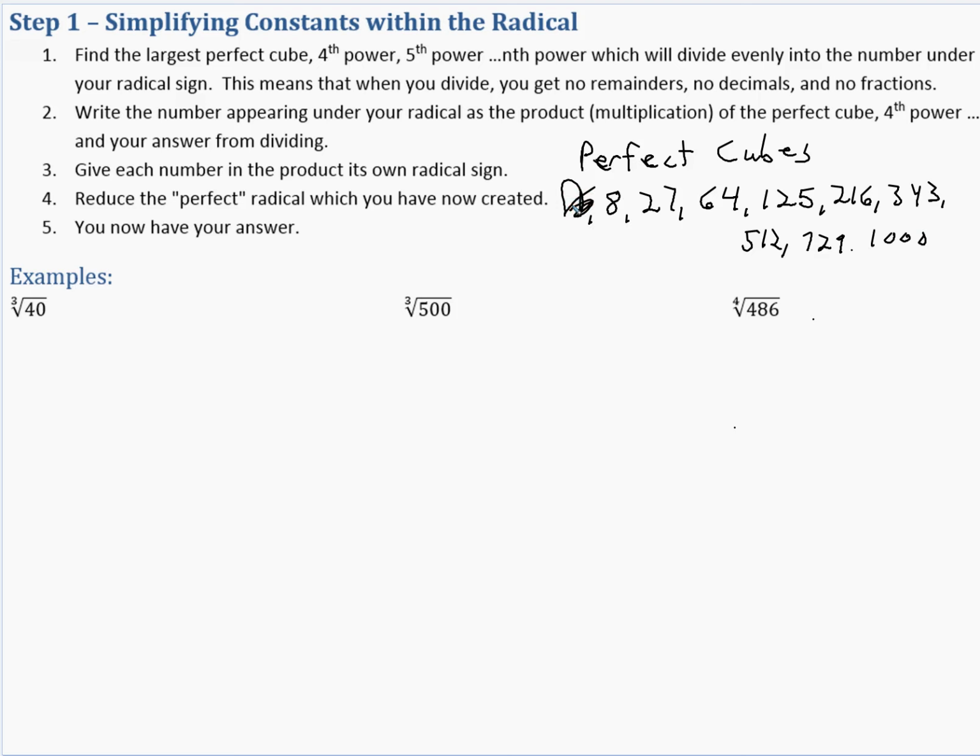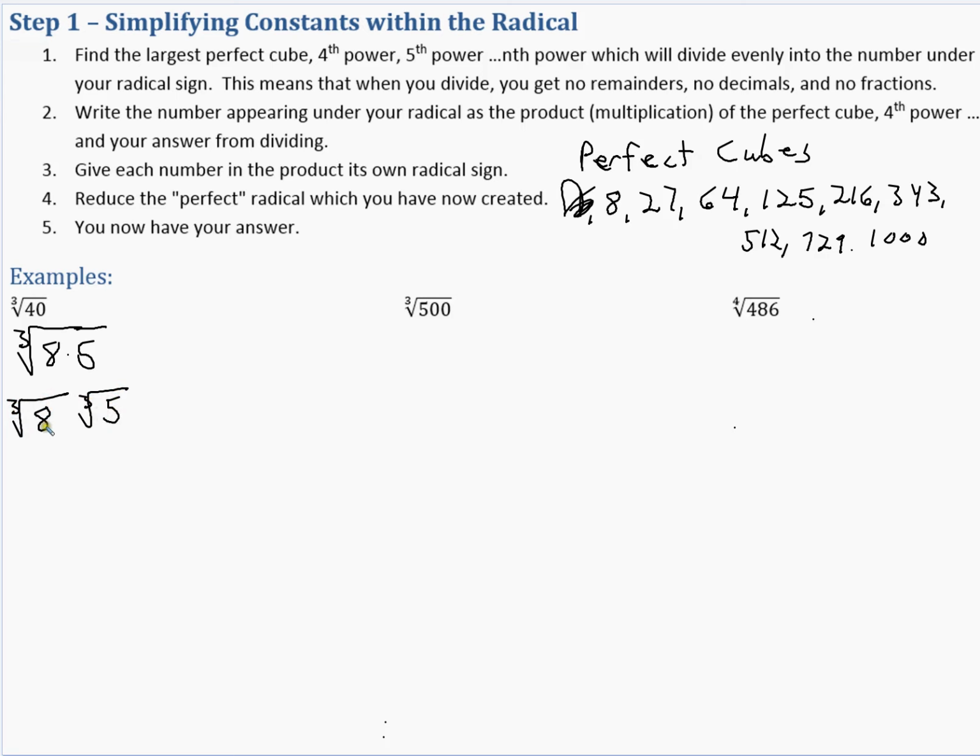So we want to find the highest perfect cube that goes into 40, since we're doing a cube root, and it's our first one there. We can write this as the cubed root of 8 times 5, because 40 is 8 times 5. And we're going to split this up just as we did before with perfect squares: the cubed root of 8 times the cubed root of 5.